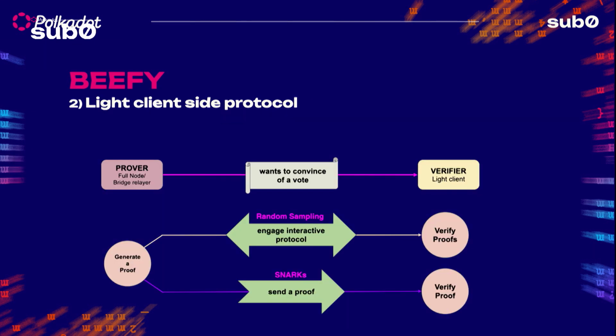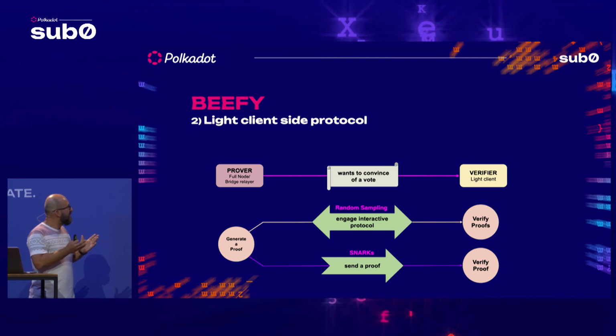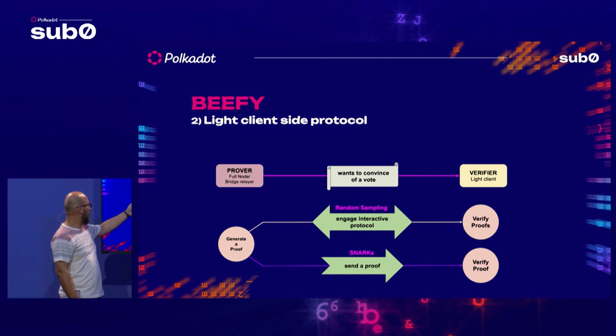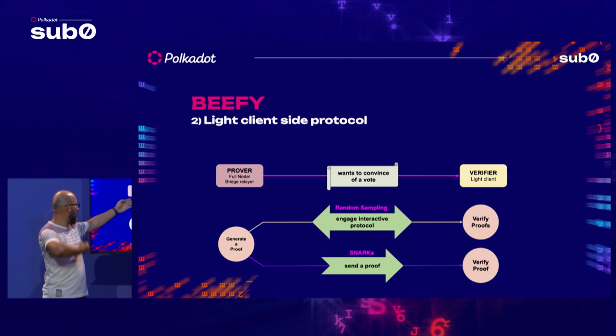So what is the second component, the light client-side protocol? The main idea of this component is that you have a prover, which is a full node, as I've shown in the other example.